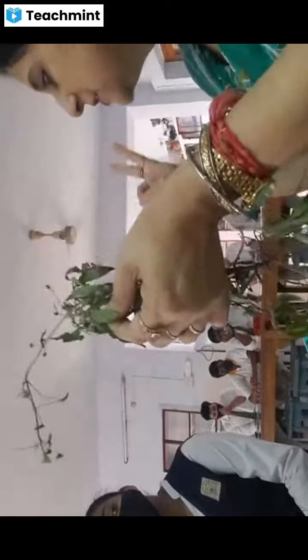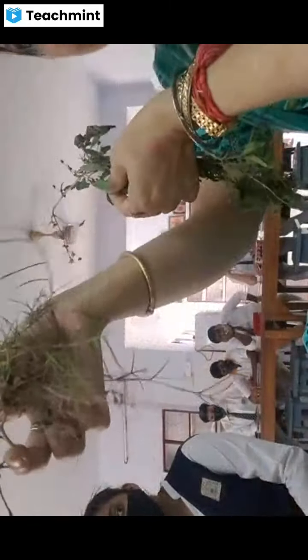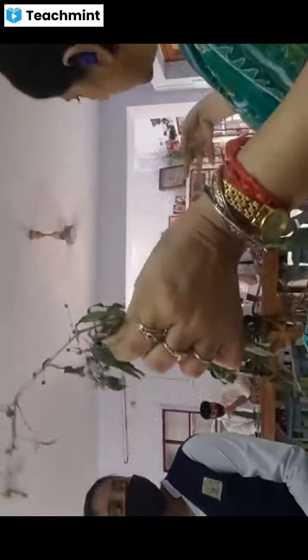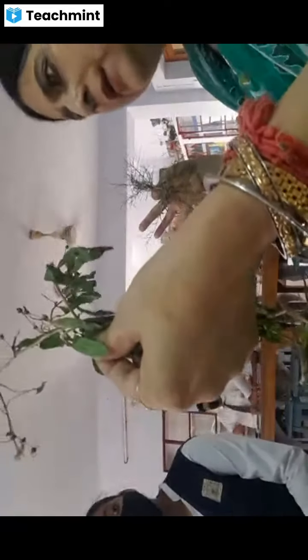First, we have seen the difference between the root, tap root, fibrous root. Then the leaves, by leaves only you can find out this is monocot and this is dicot. Right? Now next we come to the venation.